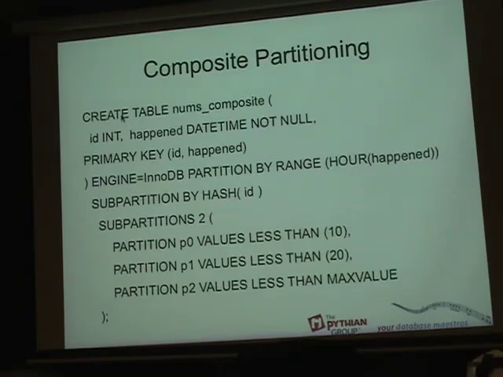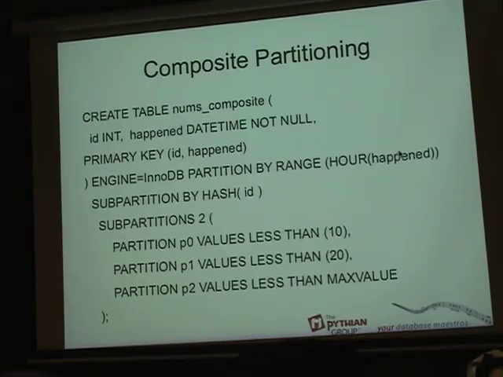So, for example, we'd like our nums table here. Here's our nums composite table. So we have taken our partition by range. Now I've actually added a happened date time because it doesn't make sense to partition twice on the same field. So now I have a date time, and I say, okay, I want to partition by the range, the hour when it happened.